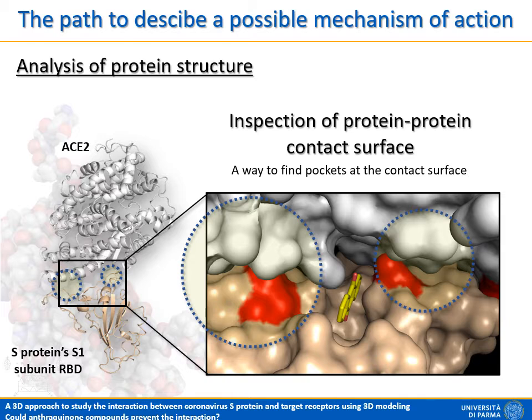The first one is the possibility to prevent the interaction, if the binding at that pocket is able to disrupt the protein-protein interaction. The second possibility is the promotion of complex stabilization, if the ligand can bring additional stabilizing interactions.